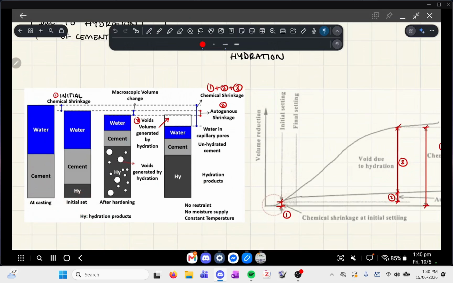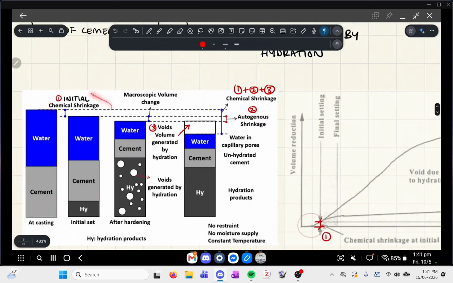So let's say after 30 minutes, it starts to set. Between when you've poured it and when it starts to set, some of the hydration products have been formed, so the hydration reaction is already starting. This is the initial chemical shrinkage, so that's part one, okay?